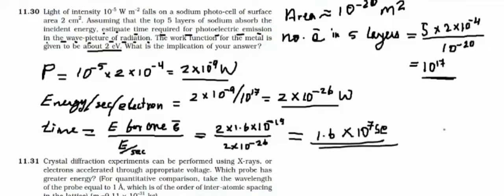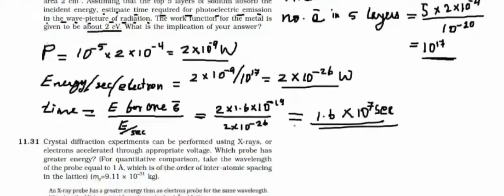So 10 power 7 seconds is a very large number. Accordingly, you will get photo emission after a long time. A lot of time will be taken for photo emission according to the wave theory, but we have seen that photo emission is an instantaneous process, it will not take time like this. That is why we say the wave theory fails to explain the photoelectric effect.